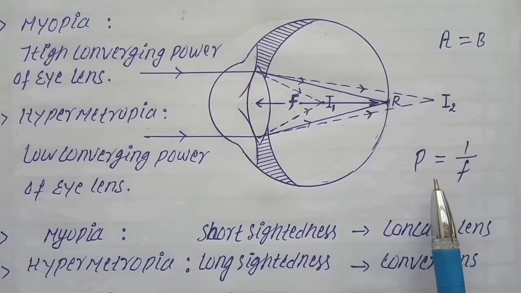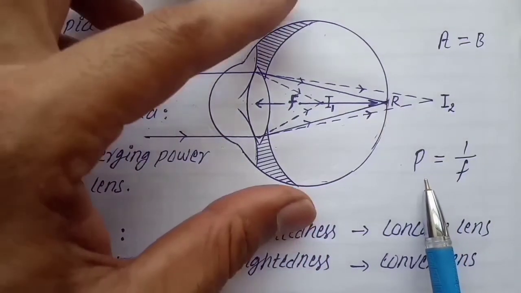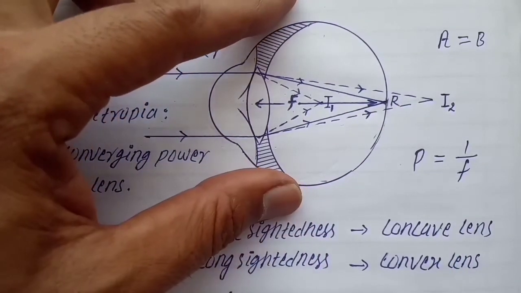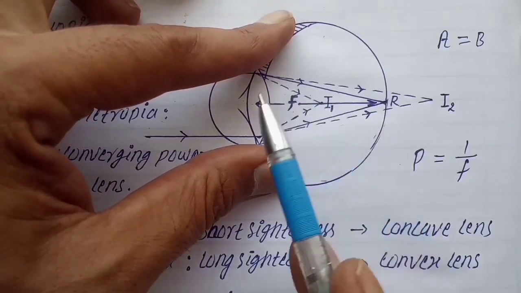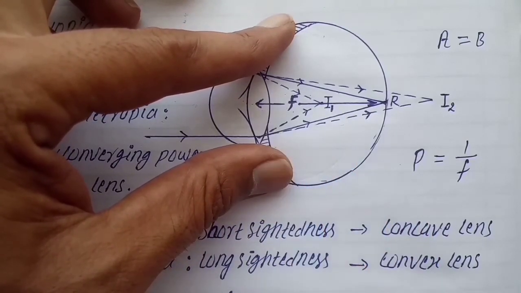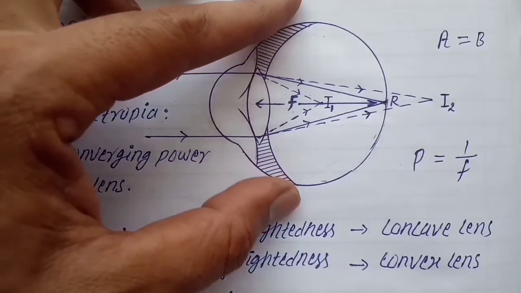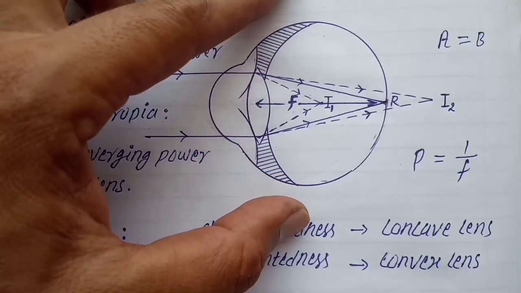Now we have to recognize the defect on the basis of ciliary muscle. Let's see. When the ciliary muscle contract, means press the eye lens, the size of lens decreases, and when they expand, the size of lens increases. So let's see again.